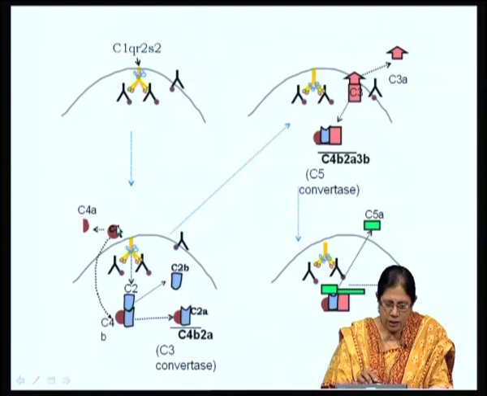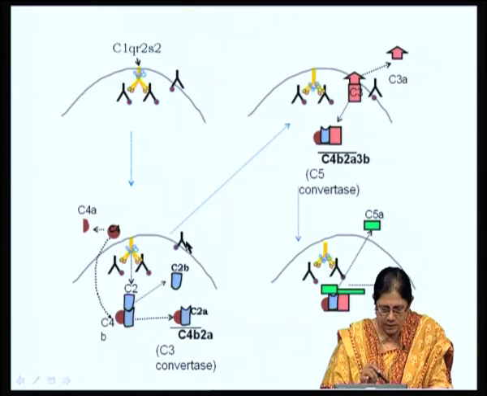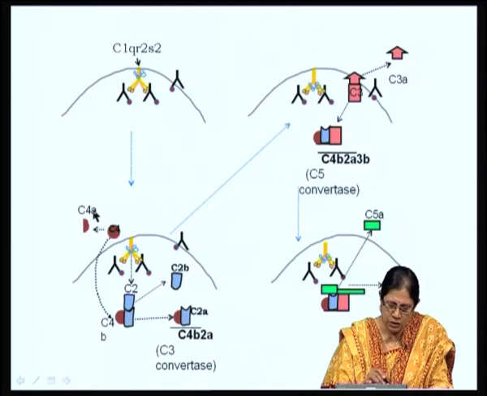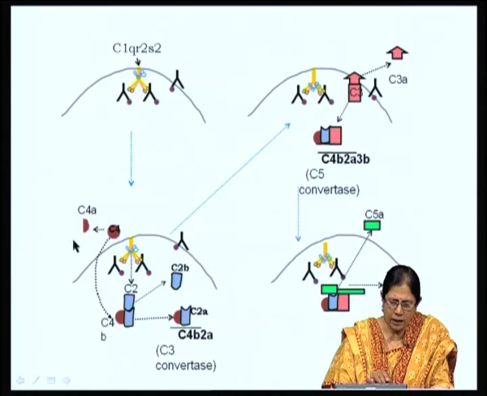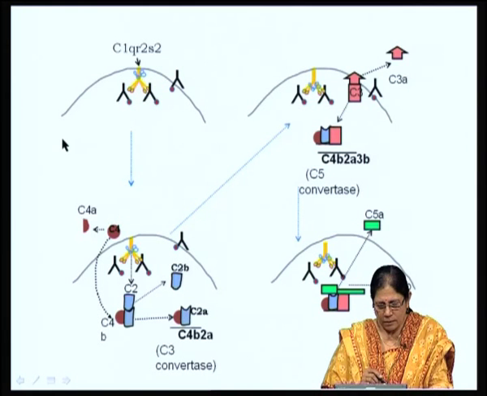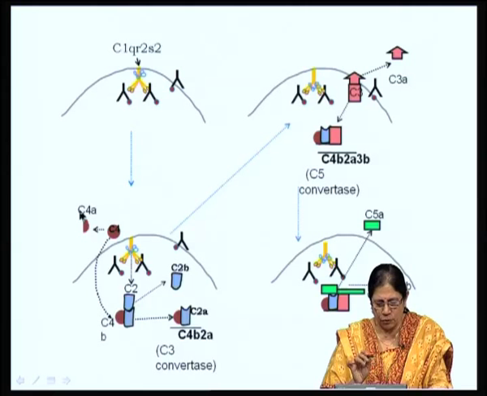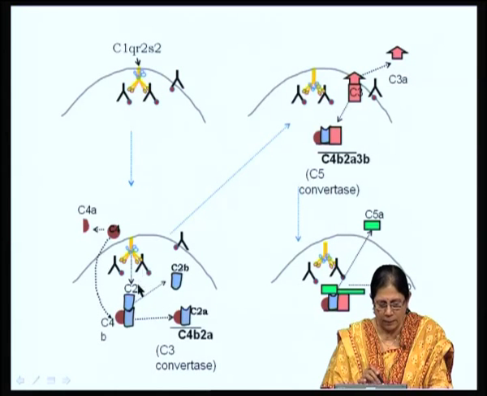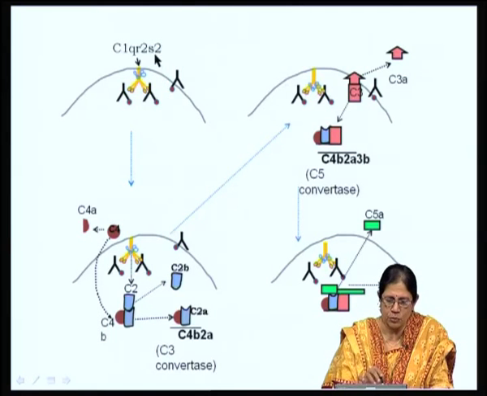Now, C4 is recruited to S2, which, remember, is by now activated. So, it cleaves C4 to C4a and C4b. C4b is the larger fragment and gets associated with S2. C4a, on the other hand, is the smaller component and diffuses away. I will come back to what C4a does, but let us come back to the C4, which is now bound or in close proximity to S2.